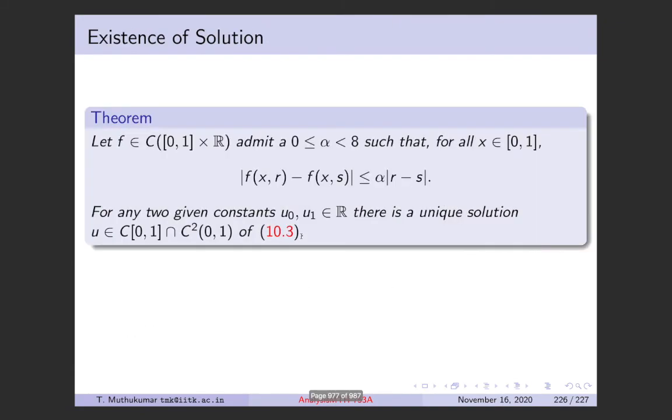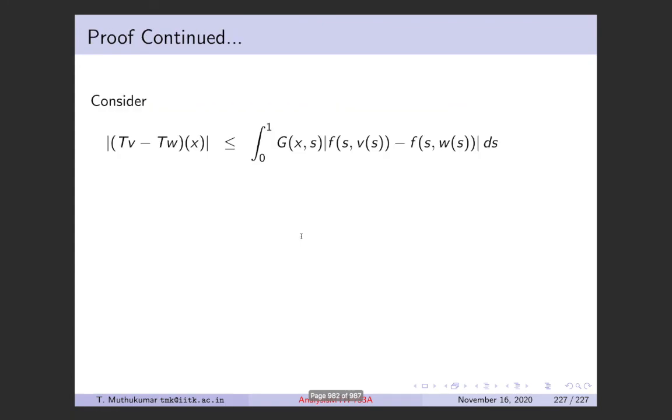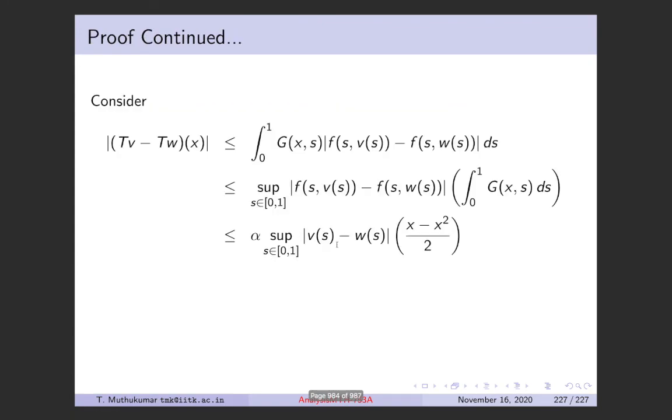So the integral from 0 to 1 of G is this. This integral is over the s variable, you see. So you use the definition of G, integrate over the s variable, then you will get a function of x, which is a quadratic in x.